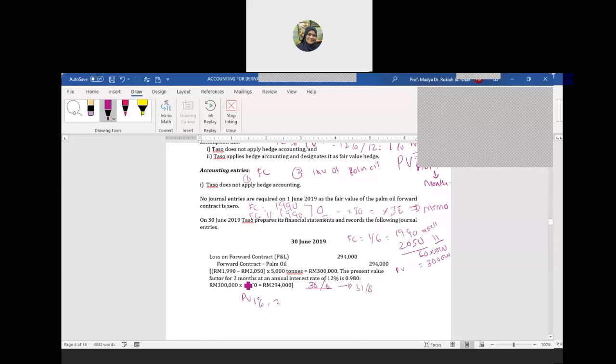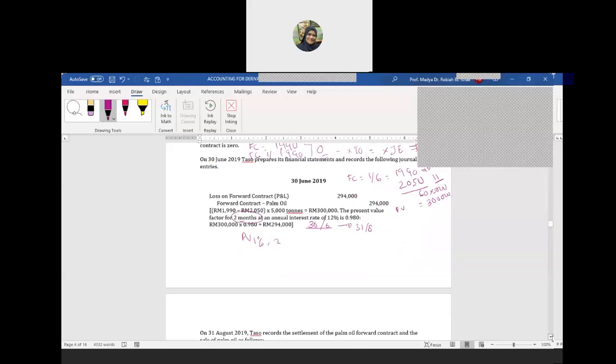So you only need 2 months. The rate based on the tables is 0.984. So you have a loss on forward contract of 294, and a credit to forward contract of 294. That one is for the 30th of June. I just finished this one. If you have a question, send your answer on this one.